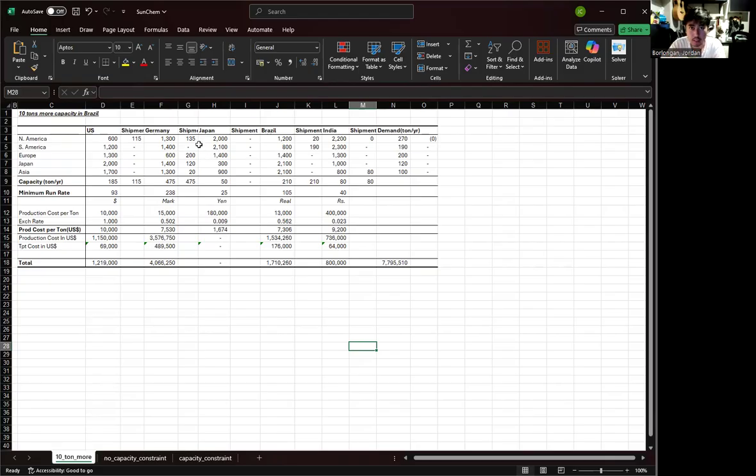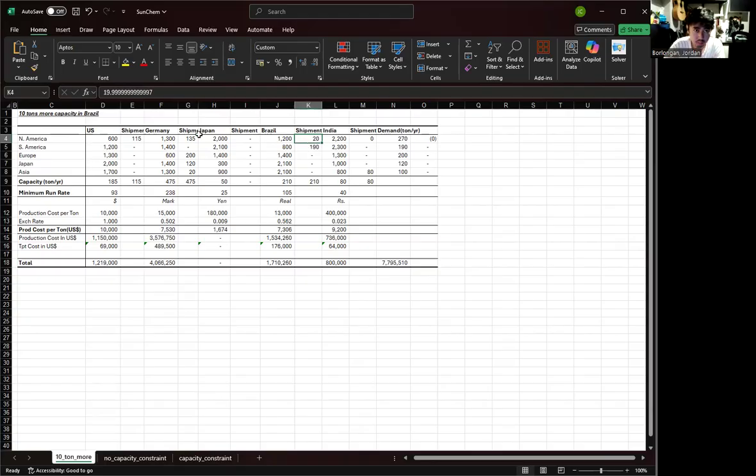It's not the lowest costing option, but it is interesting how this unfolded. So instead of fully allocating the demand to a single location, it chose to split them up. From North America, it split them into US, Germany, and Brazil.